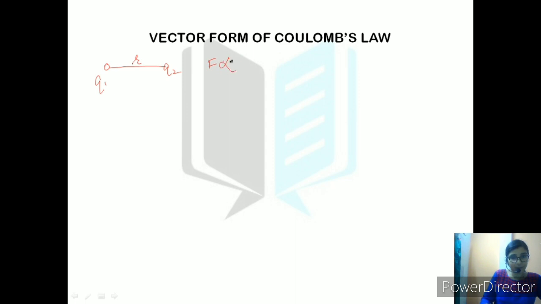Force is proportional to the product of the magnitude of the point charges divided by the square of the distance between them. In SI units, it is 1 by 4 pi epsilon naught Q1 Q2 by R square, and suppose we take these two charges in vacuum, then this is the permittivity in vacuum, that is epsilon naught. Do you all remember this?